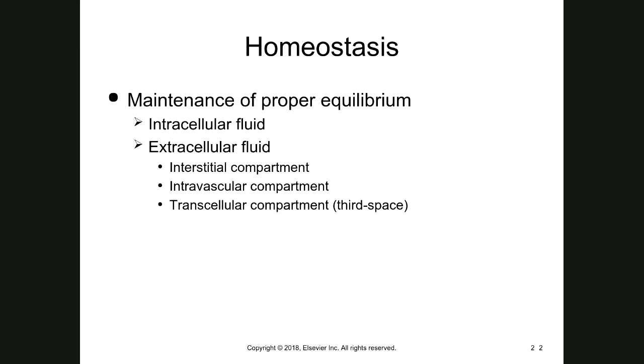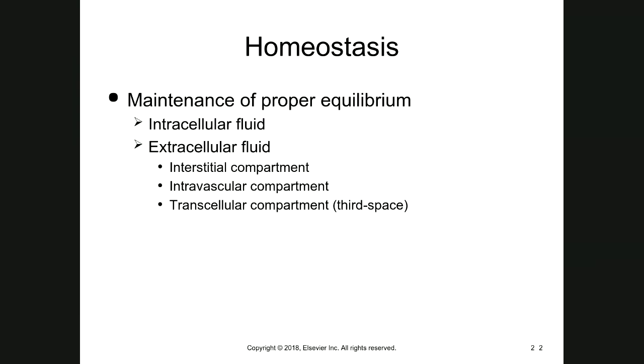Now the extracellular fluid is divided into two components: the interstitial compartment, which surrounds the cell tissue, and the intravascular compartment, which contains the plasma, blood vessels.